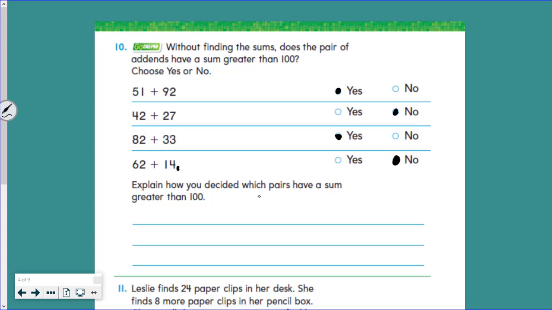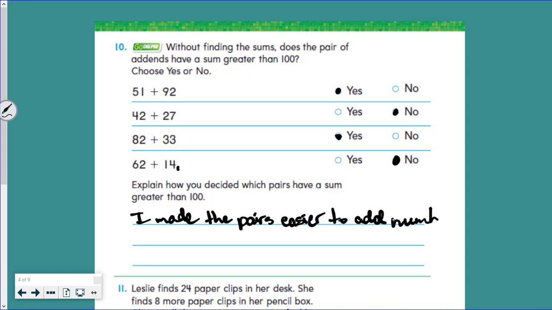And then explain how you decided which pairs have a sum greater than 100. I guess I could say I made the pairs easier to add numbers to see if they were close to 100.